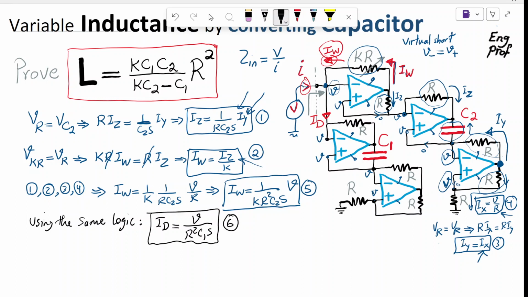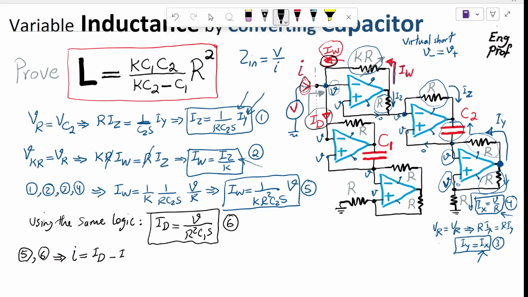Now, using 5 and 6, what I can say is the total I, with the direction that is shown, is ID, which is going outward similar to I, minus IW, because IW is actually coming back from the circuit like a negative current.